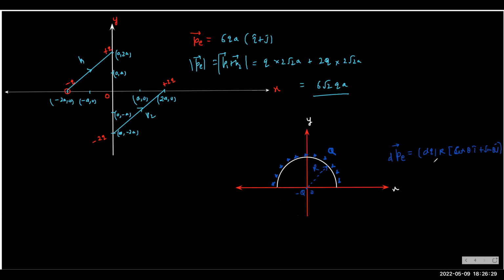Like this, dp equals dq r into what I have written. Sir, the horizontal component will get cancelled out, right, sir? Right, excellent. So yeah, we get the vertical component, which is correct only.